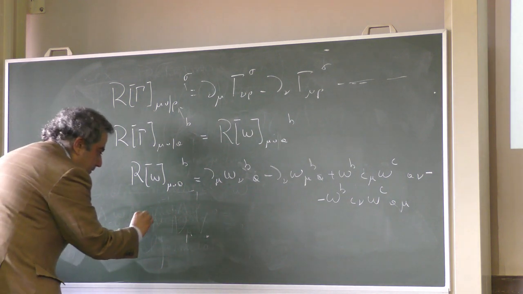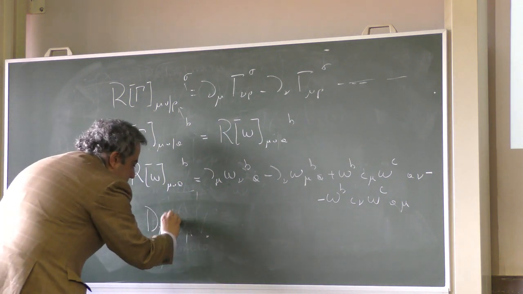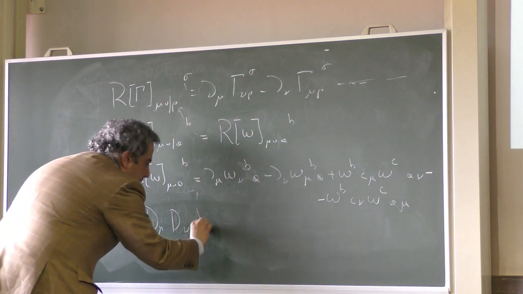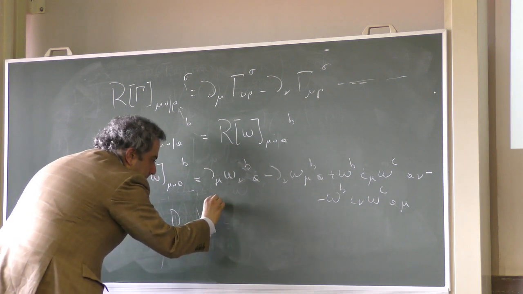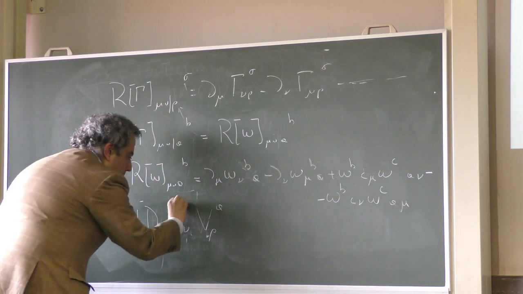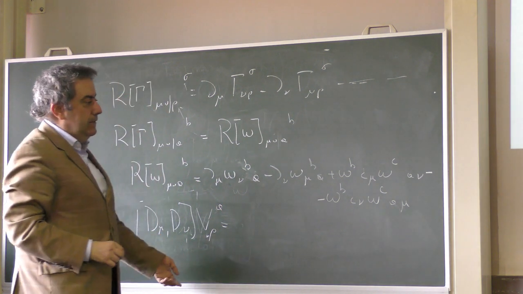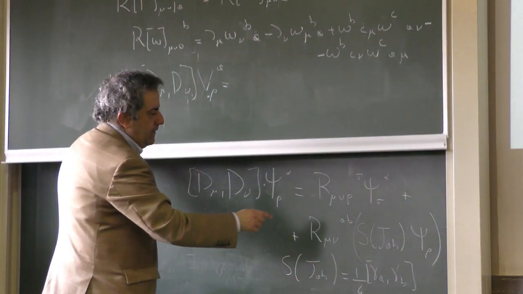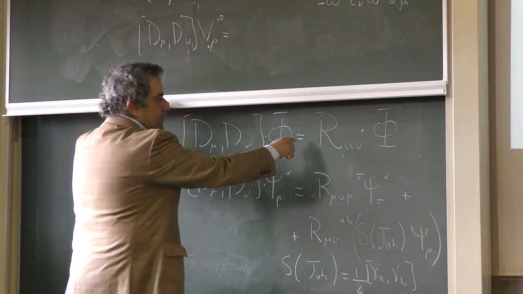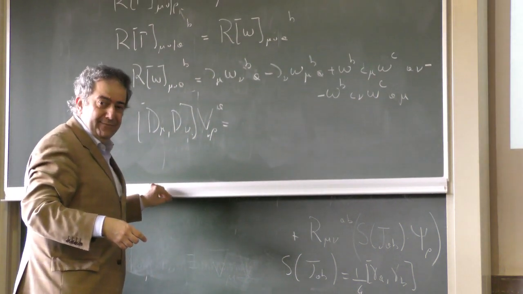So this is all in my notes, by the way. D mu, V rho, A. Using the formula here, we have to act by means of this R on all indices.